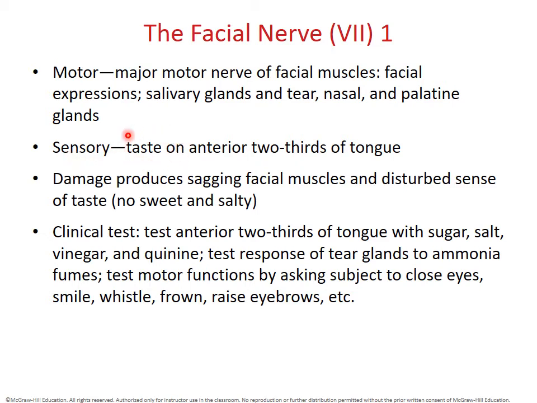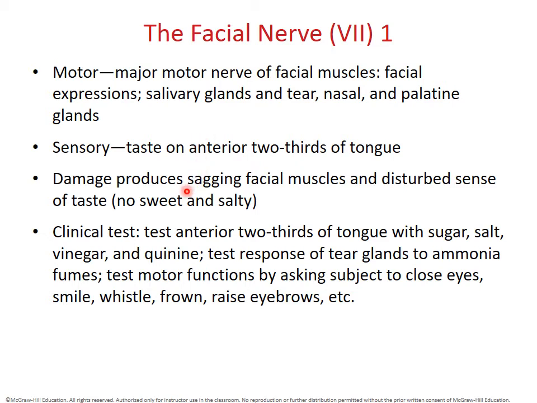Specifically, the facial nerve accounts for taste on the anterior 2/3 of the tongue. So it doesn't innervate the entire tongue, just the anterior 2/3. So there's going to be another cranial nerve that's going to carry out taste on that remaining posterior third, which we will see in short order.